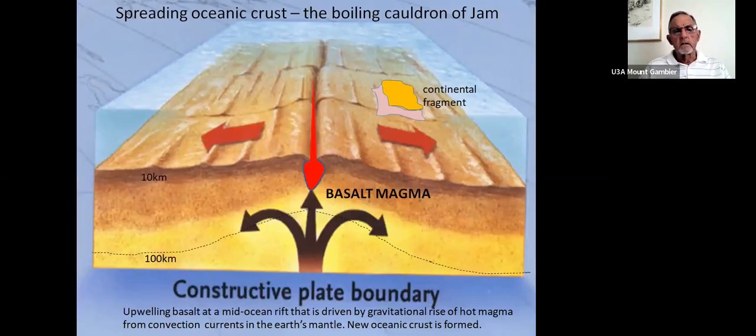We've done before the principle of the spreading of oceanic crust. I think it was a boiling cauldron of jam, and convection currents drag on the bubbly scum of the jam, draw it away, much like that continental fragment shown floating on the central right in yellow.